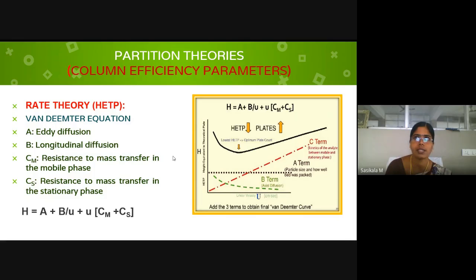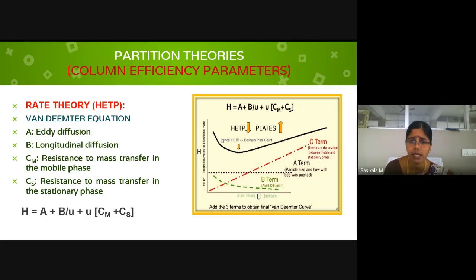Actually your sample must pass through the column vertically, but instead of diffusing vertically, longitudinal diffusion occurs, and that is explained with axial diffusion. Since we cannot define the diffusion inside the column once your sample has passed, we cannot expect exact vertical diffusion. So these are all the factors that affect column efficiency, so that is why they are discussed here.